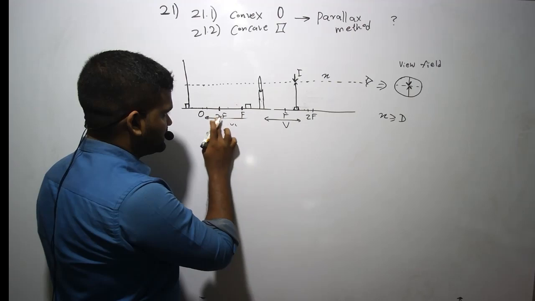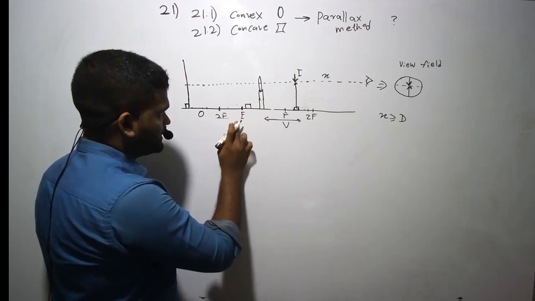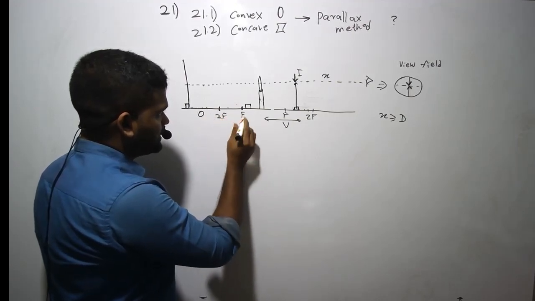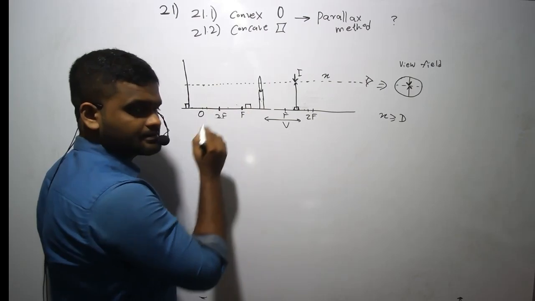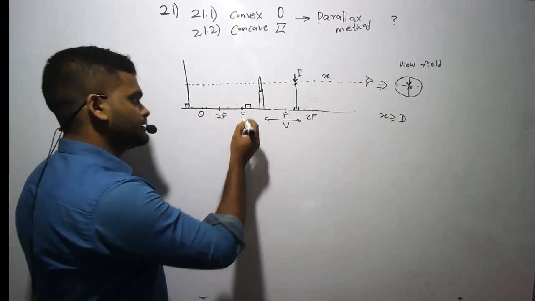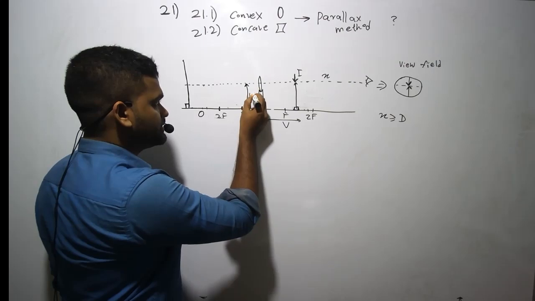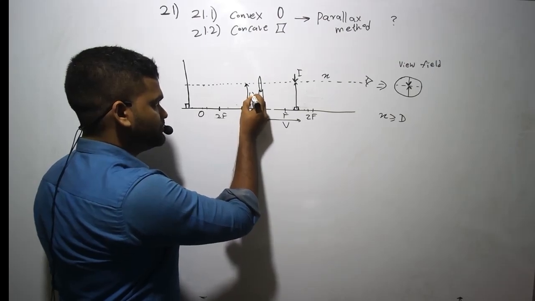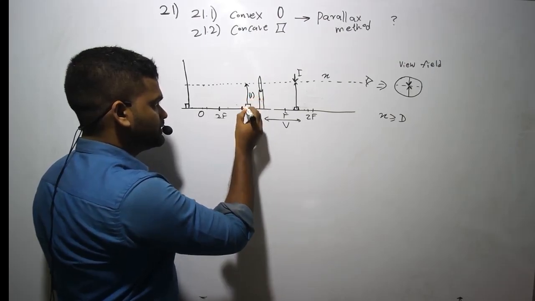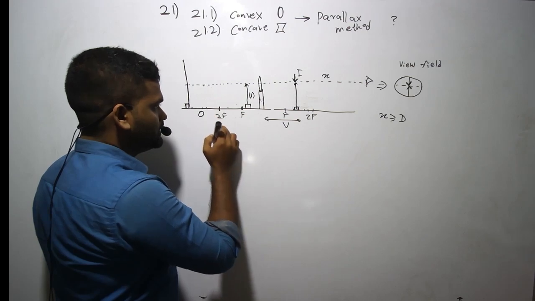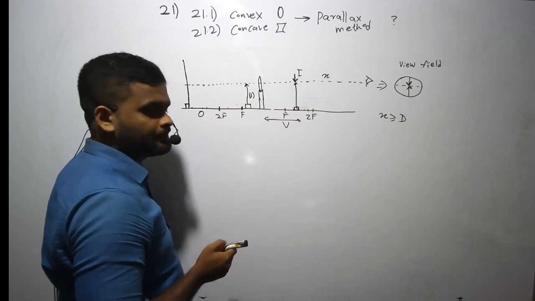So when you place this object here, between f and the lens, let's say now it is placed here. So this is object pin 1. So what's going to change?